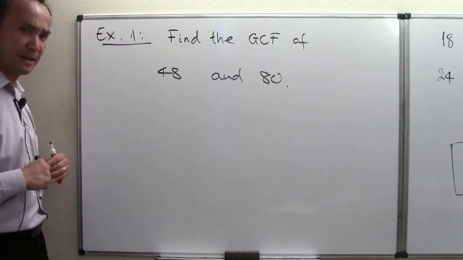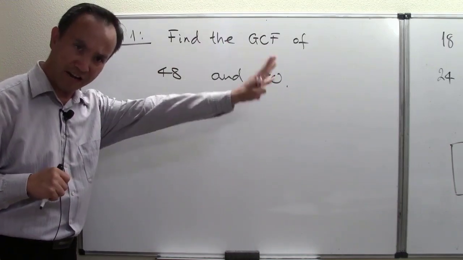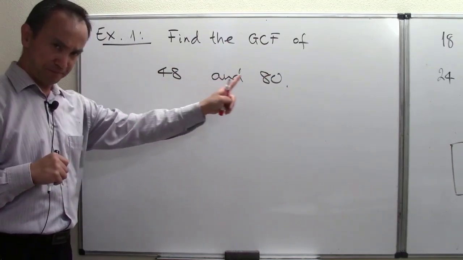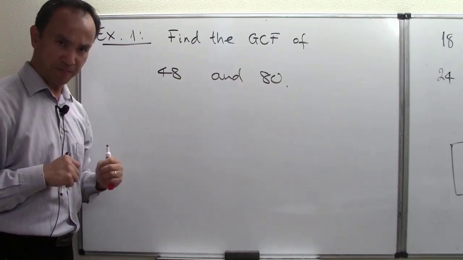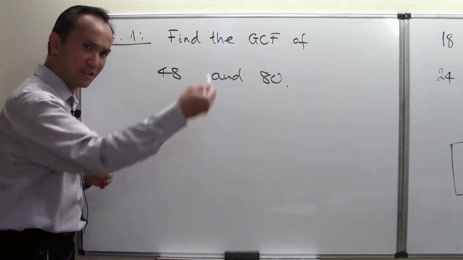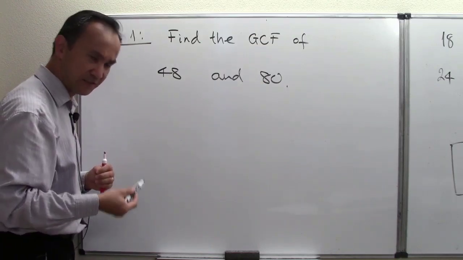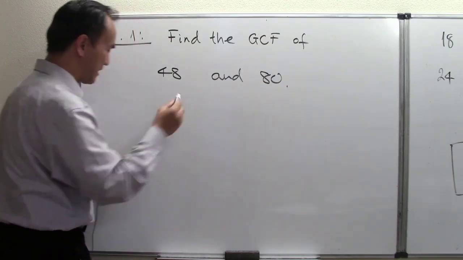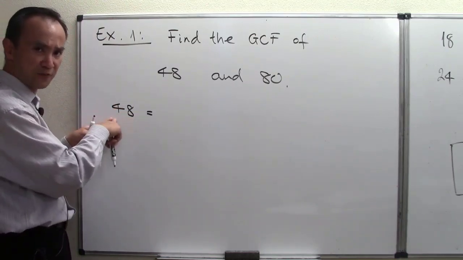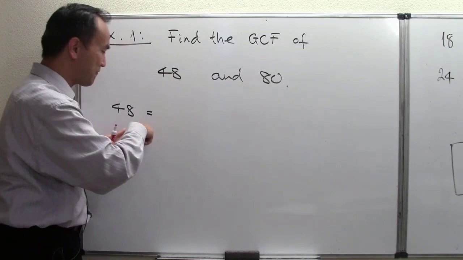In this example 1, very similar to how I have done in the demonstration work earlier, I have two numbers, 48 and 80. According to the method I've shown, the first step in finding the GCF is to find the prime factors and express 48 as a product of prime factors.